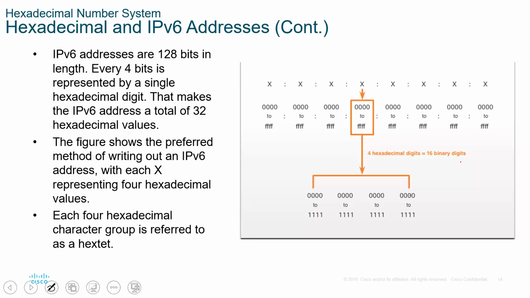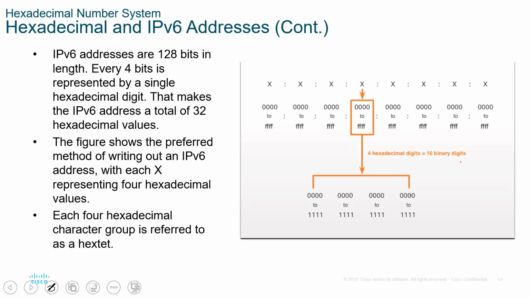Now, this is to explain a small difference. In IP version 4, we said there are 32 bits, while in IP version 6, there are 128 bits. Second comparison, IP version 4 has 4 octets of 8 bits each.